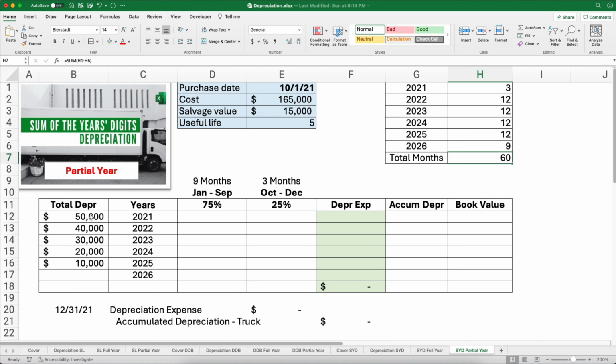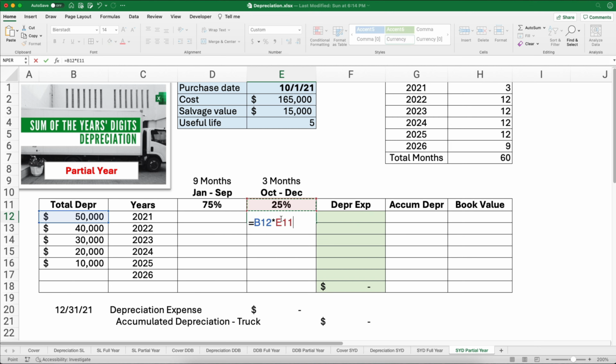So here's what we're going to have to do. We're going to have to take the 50,000. Only 3 months happen in October, November, December from 2021. So we're going to take the 50,000 times the 25%.